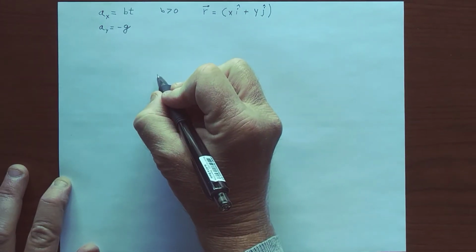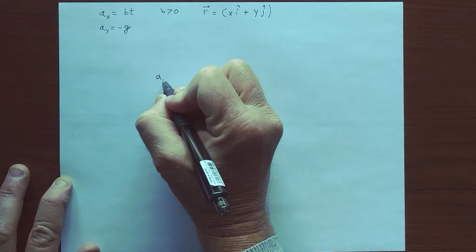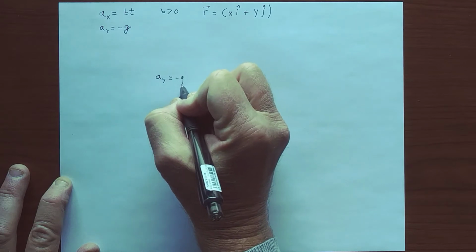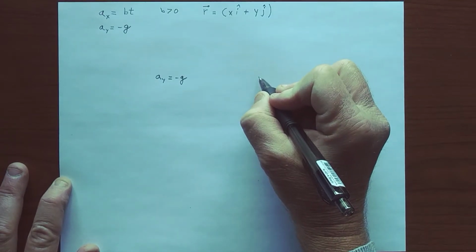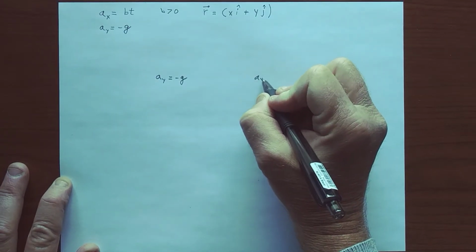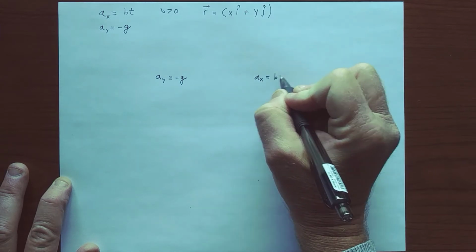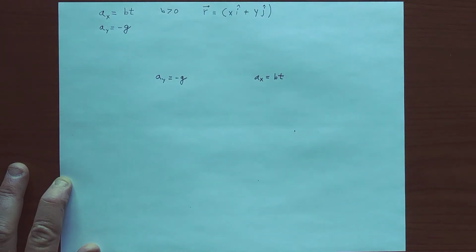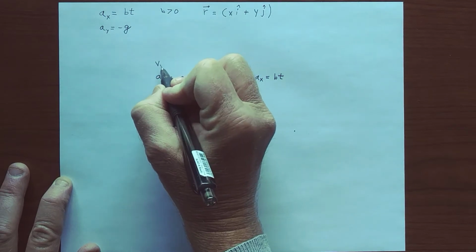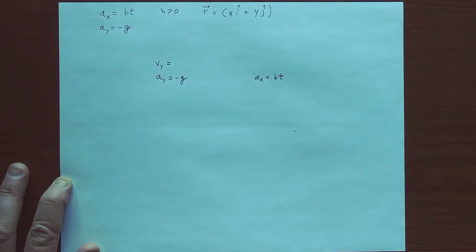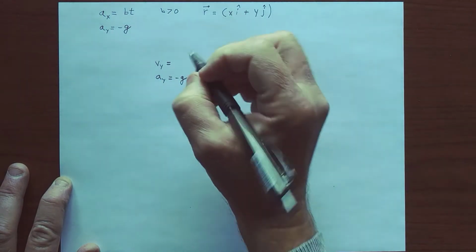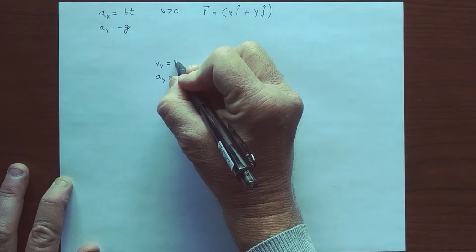Let's start with ay equals minus g, and to parallel that for the x direction, we have ax equals b times t. For vy, we integrate this, and of course we get a constant of integration.